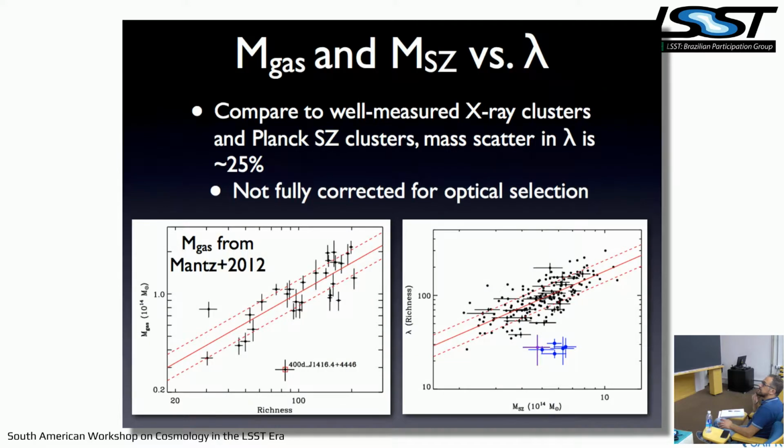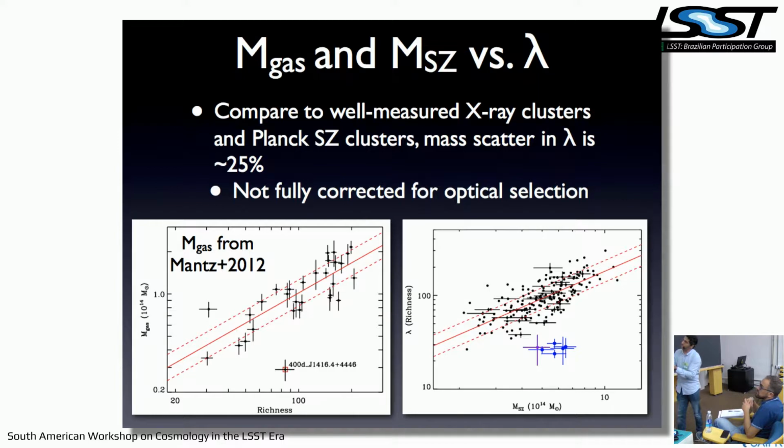So talking about this thing that's critical, right? If you are making an optical cluster catalog, you just count galaxies. A cluster is made of galaxies, and then you count galaxies. A richer cluster will have more galaxies. A poor cluster will have fewer galaxies, right?